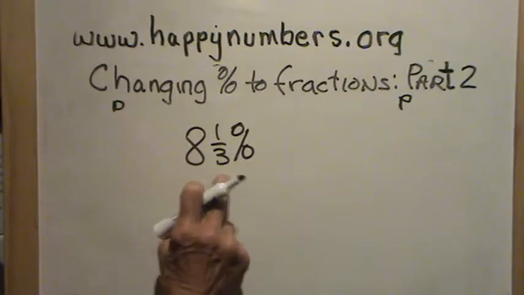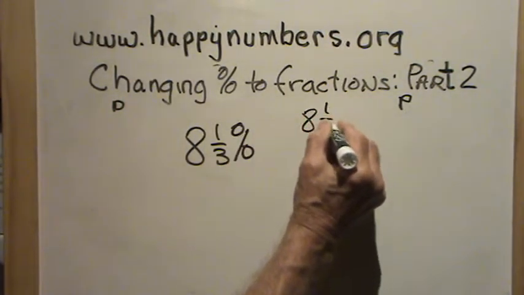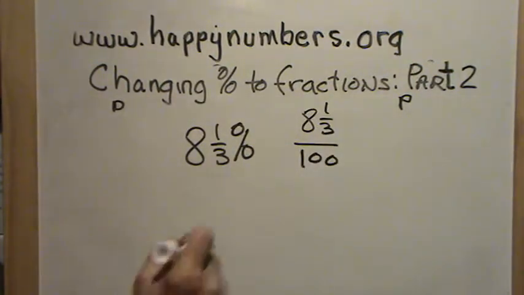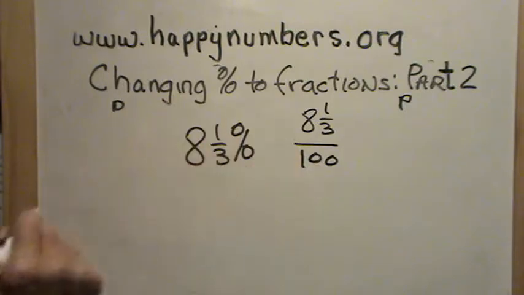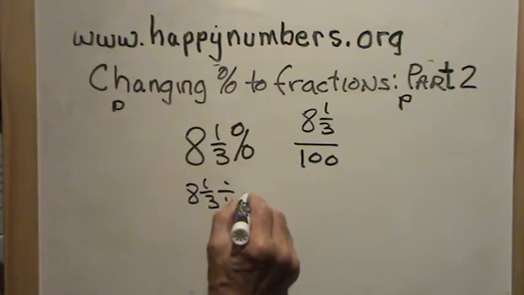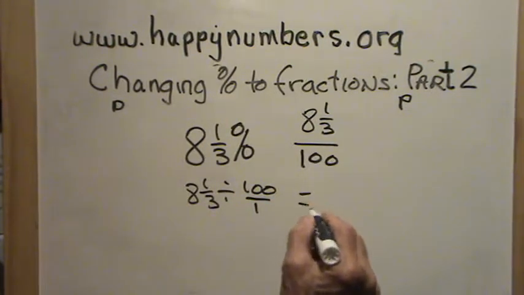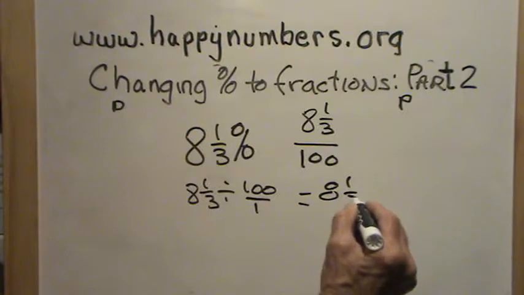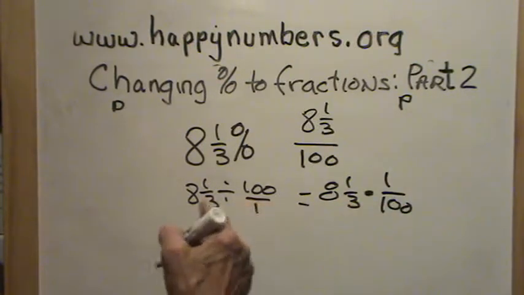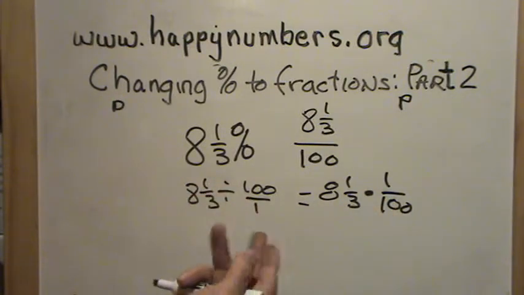First, we write this as the numerator, 8 1/3 over 100. So this is 8 1/3 divided by 100. So 8 1/3 divided by 100 over 1, which is the same as 8 1/3 times 1 over 100. Because we're dividing fractions, we have to turn it into multiplication and use the reciprocal, the opposite.